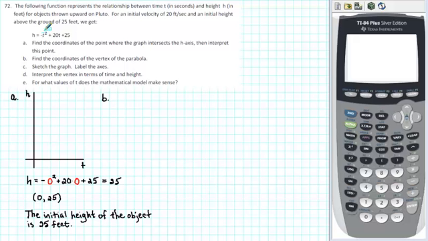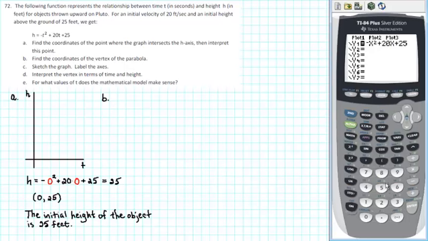Let's first use our calculator to explore and find the highest point. We go to Y equals to enter our function, and the independent variable on our calculator is x, so instead of entering minus t squared plus 20t plus 25, we enter minus x squared plus 20x plus 25.